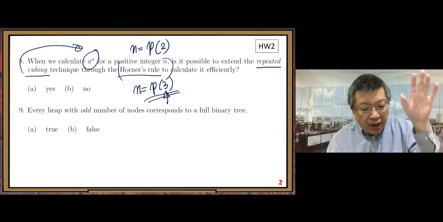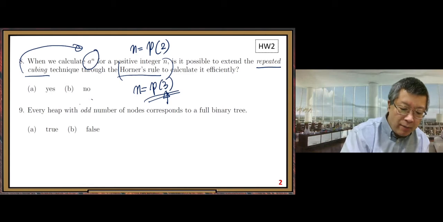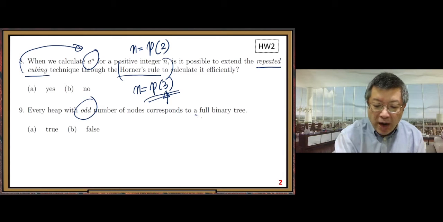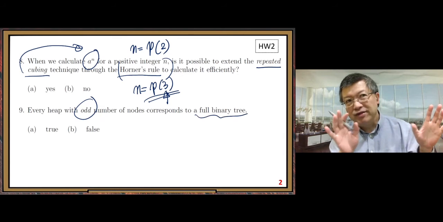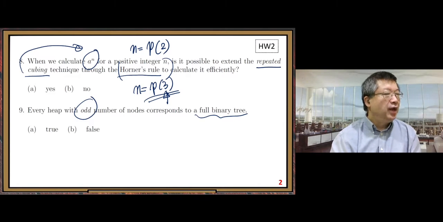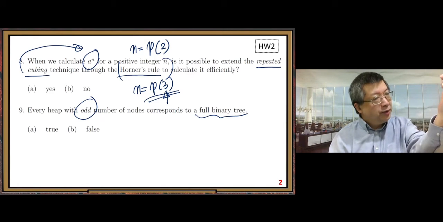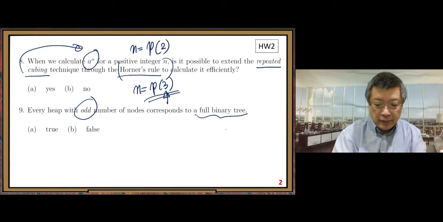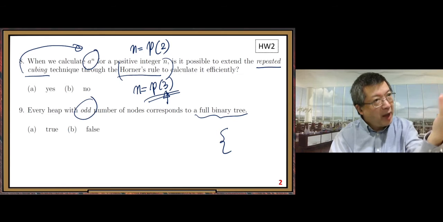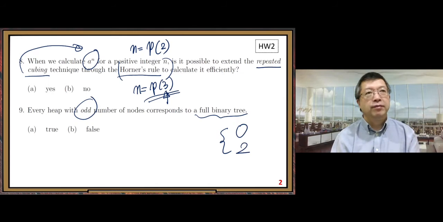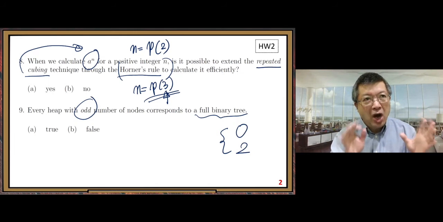Number 9, every heap with odd number of nodes corresponds to a full binary tree. First, you know the meaning of full binary tree. Each node, if we look at the number of child nodes, only 2 cases, 0 or 2. There is no one child case.